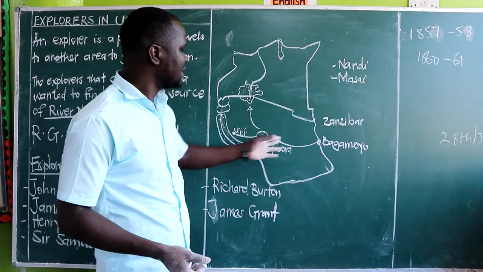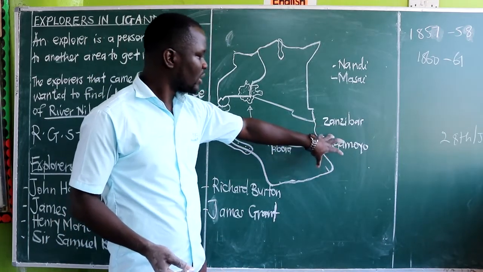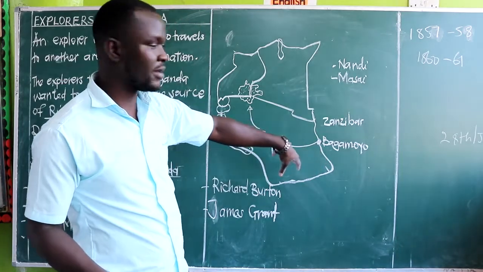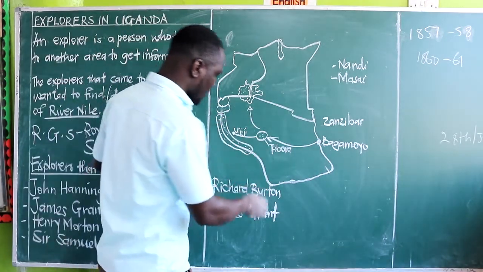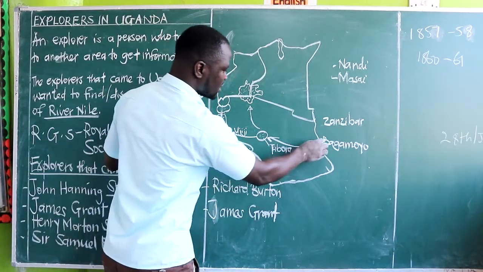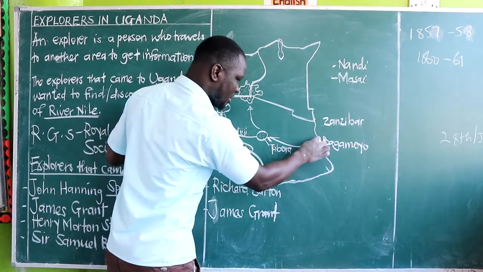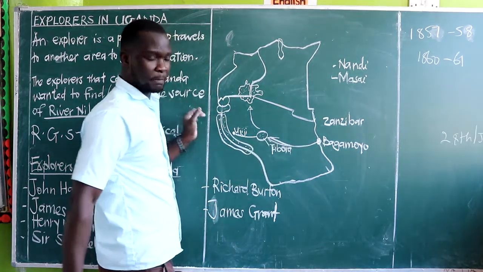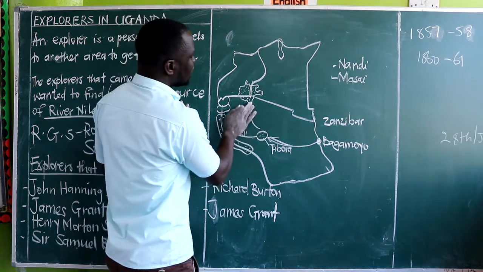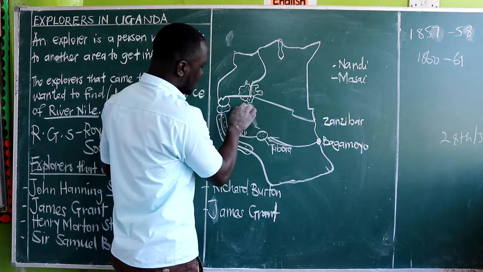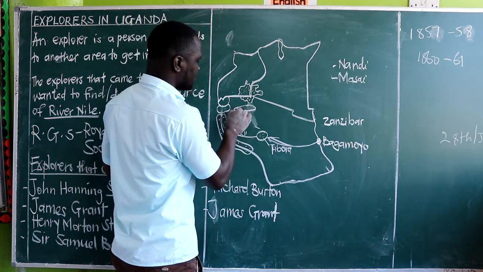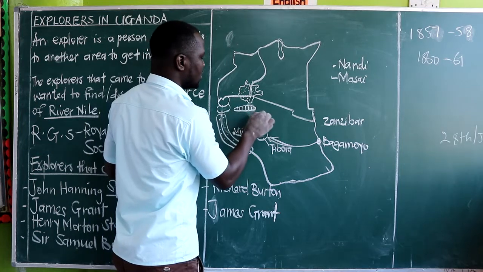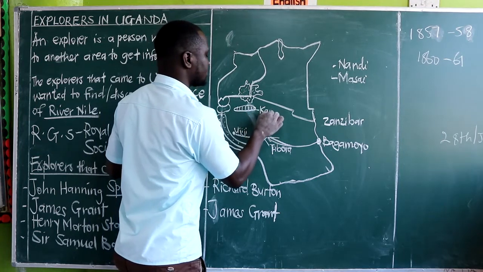Therefore, they had to pass the same area. John Speke moved with Grant. They came, still entered through Bagamoyo, entered to Tabora. From Tabora, they moved to, there was a kingdom here called Karagwe Kingdom. Karagwe Kingdom, this is Karagwe.